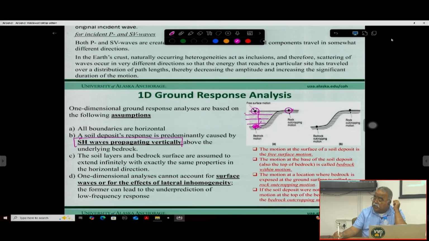So this side extends to infinity, and also this side is bounded by the rock surface, right? So we do the one-dimensional analysis of the wave propagation, and let us see how we are doing it.